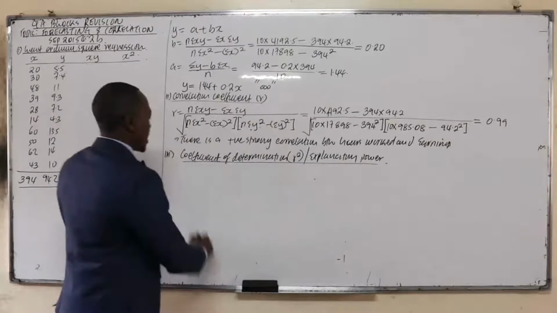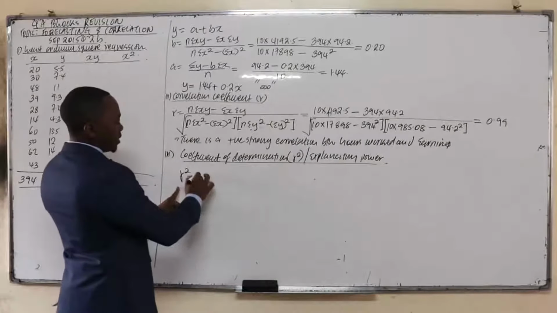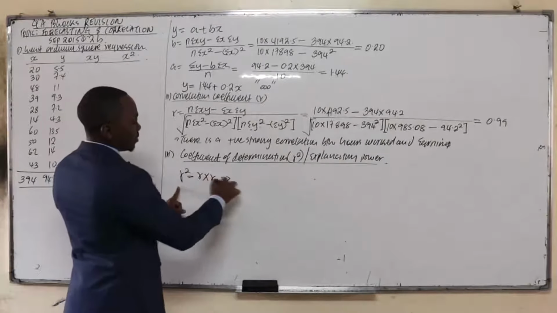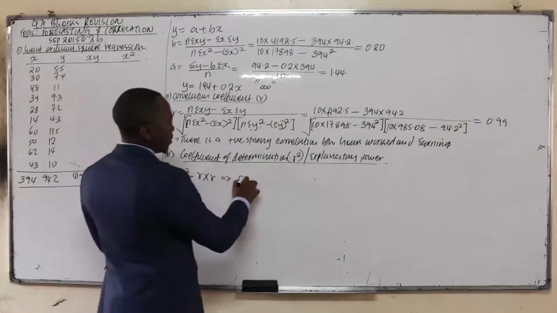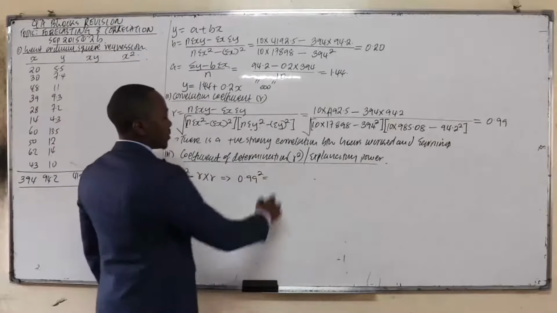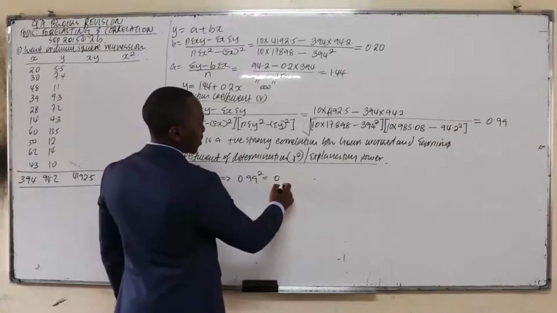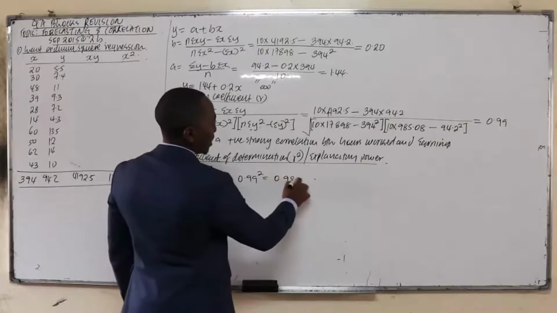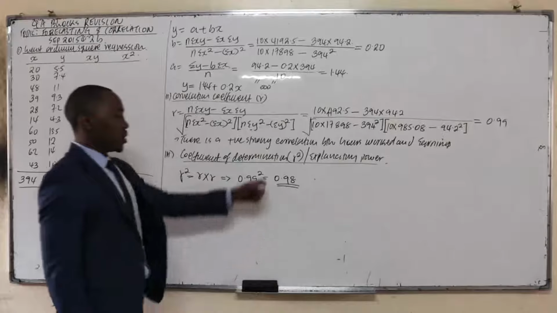R squared is just R times R, so 0.99 squared gives 0.9801.